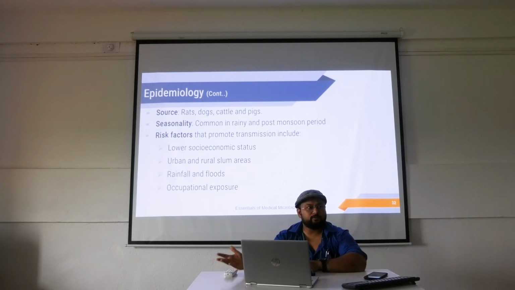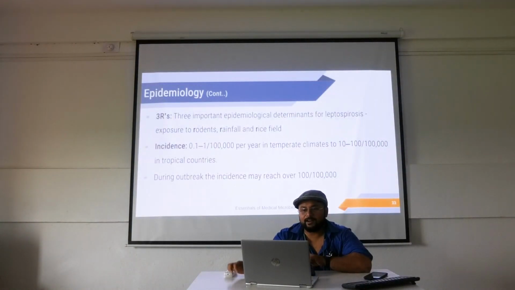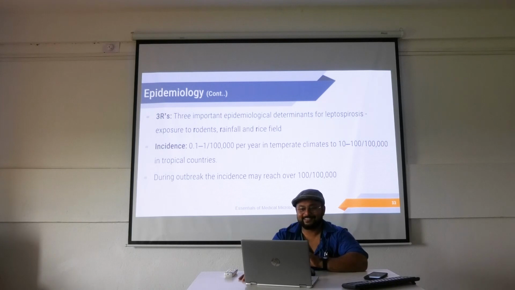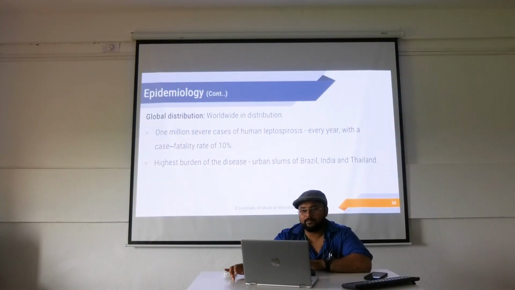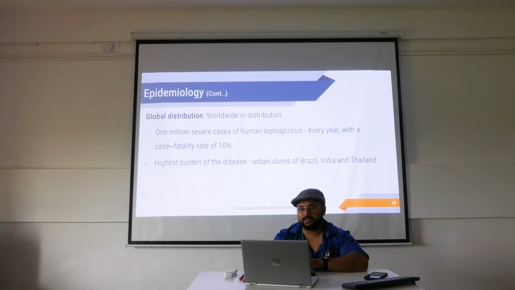So where will it happen mainly? It obviously will not happen in the home of someone living on the 14th floor; it occurs in lower socioeconomic status, urban, rural, slum areas, with rainfall, floods, occupational exposure. Last year's 3 R's: rodent, rainfall and rice field. You will remember this, right? Incidence 0.1 to 1 per 1000, not needed. Global distribution: worldwide, 1 million severe cases of human leptospirosis every year with a case fatality of 10%, such a high fatality.